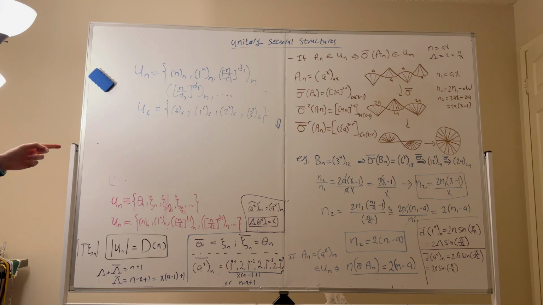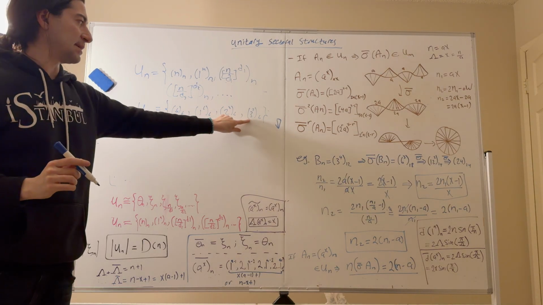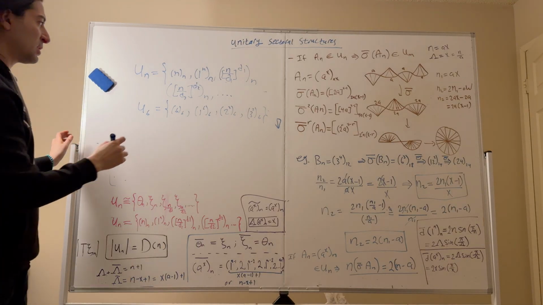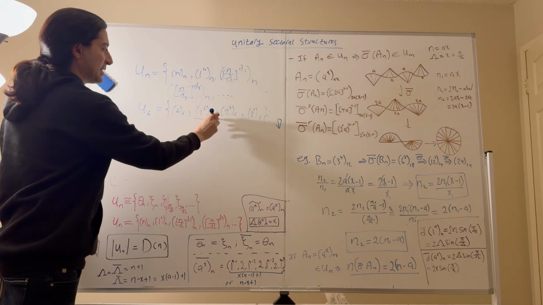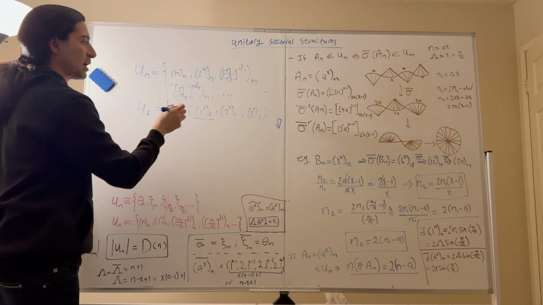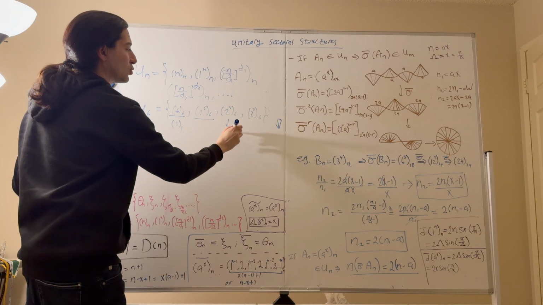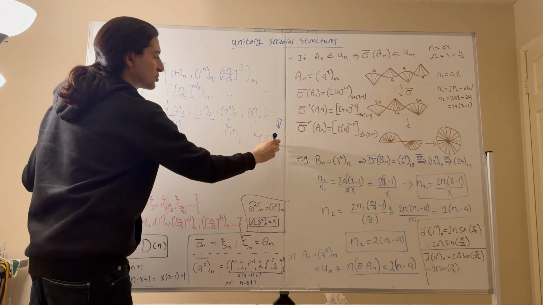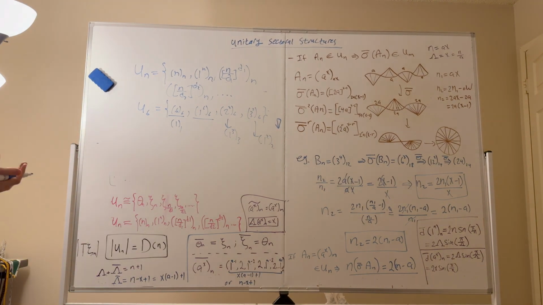Of course, notice that each of these is isomorphic to a xi structure. This is already a xi structure. The theta structure is isomorphic to 1 subscript 1. This is isomorphic to 1 cubed 3. And this is isomorphic to 1 squared 2. All of which are isomorphic structures.